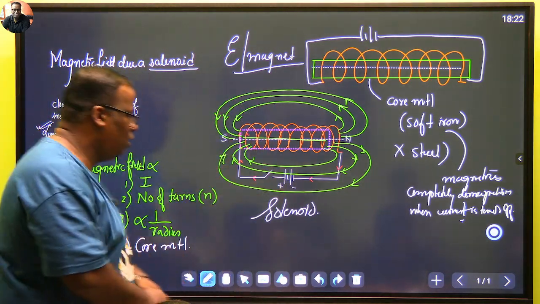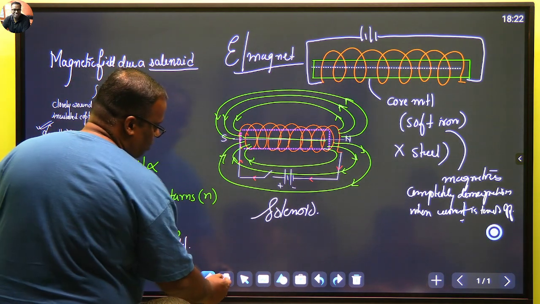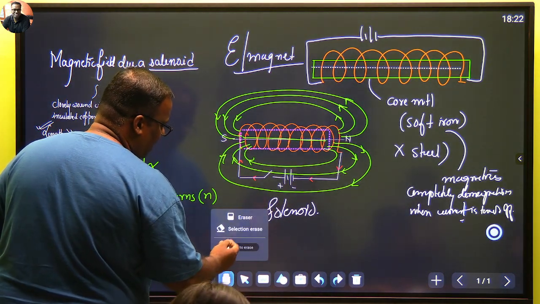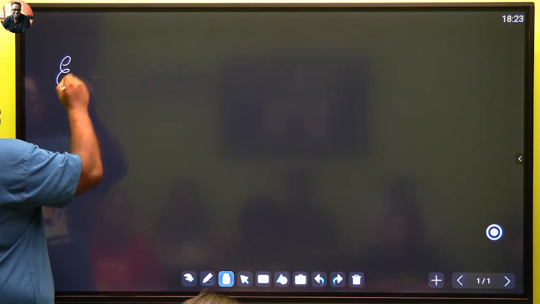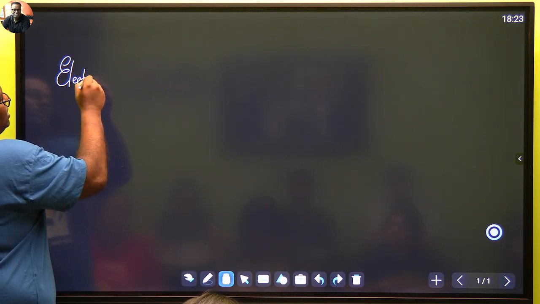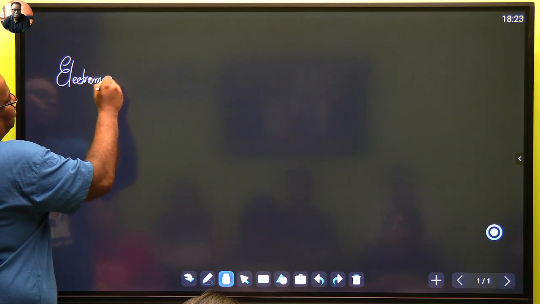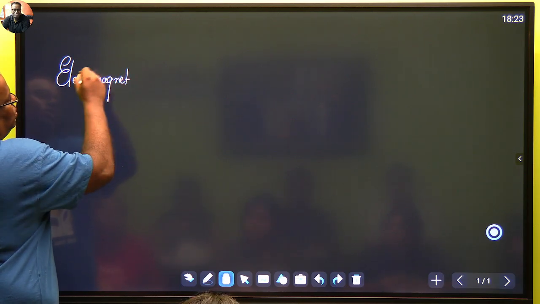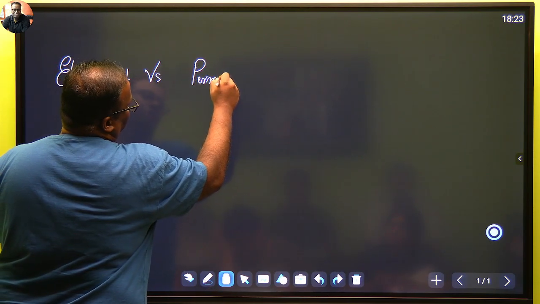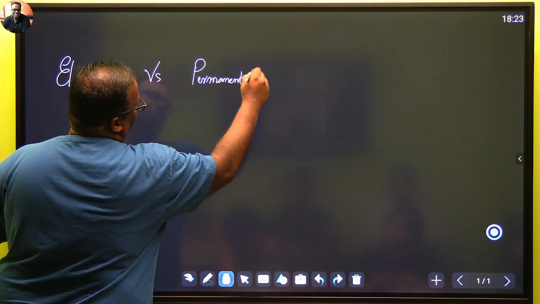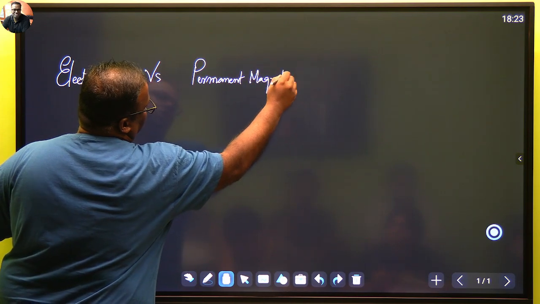And this now brings us to the scenario where we actually have a grade 8 topic, and that grade 8 topic will be, if this question comes, it is very good for you, distinguish between an electromagnet and permanent magnet. So let us see what are the distinguishing features.